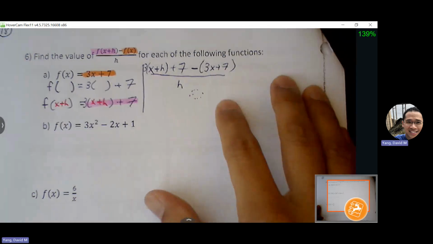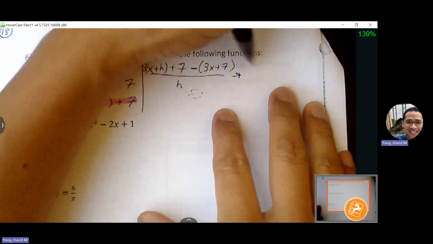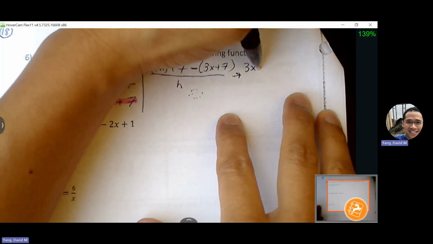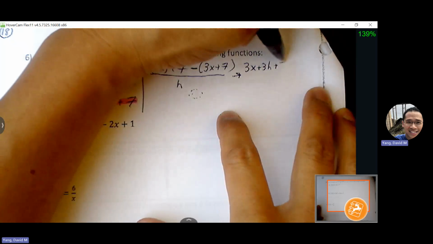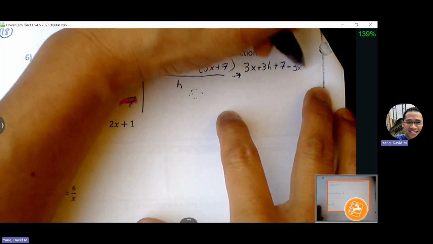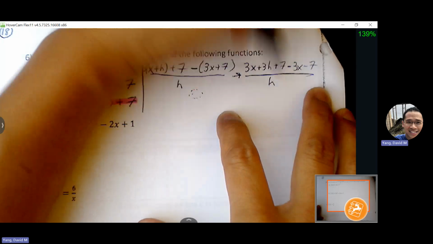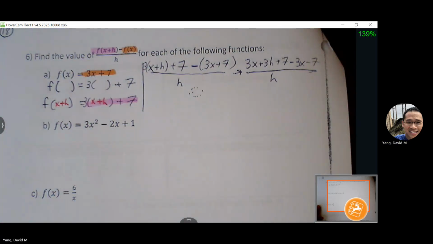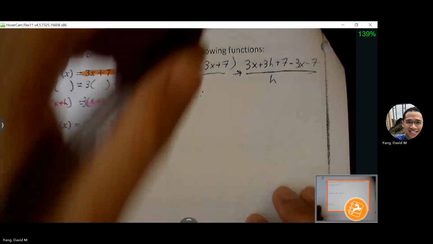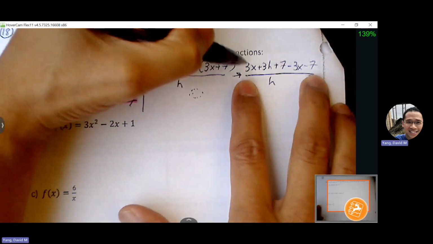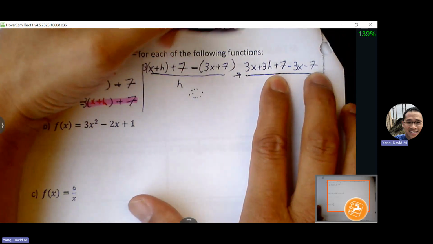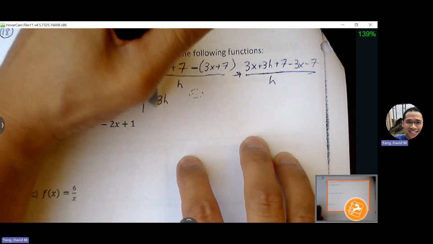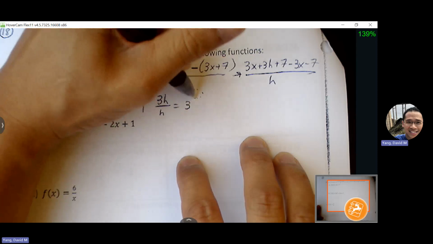But right now, we're just doing the algebraic parts of it. Okay, so 3x plus 3h plus 7 minus 3x minus 7 all over h. Combine like terms, the x's cancel out, the 7's cancel out. I'm just left with 3h over h, and that reduces to be just 3.